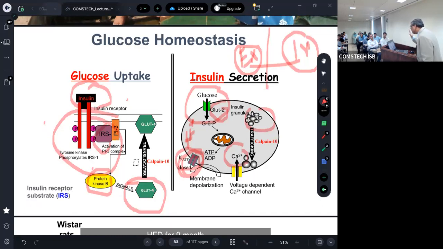That is what happens in obese diabetes. You have a lot of insulin, but the number of GLUT4 transporters or receptors is less, so not all insulin can bind.